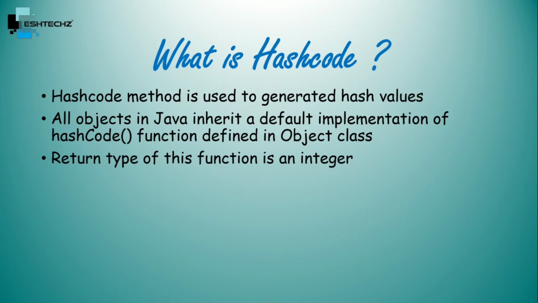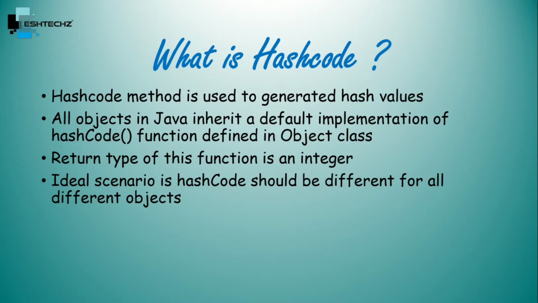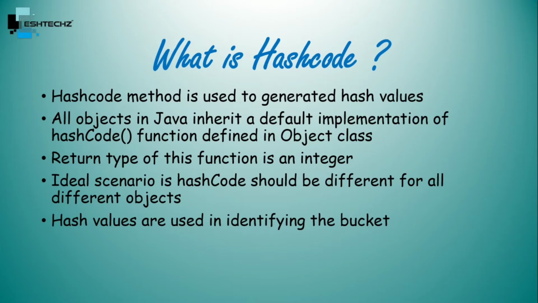The return type of this function is an integer. Now, in an ideal scenario, Hashcode should be different for all the different objects. Hash values are used in identifying the bucket. We'll see this when we talk about storing the values.